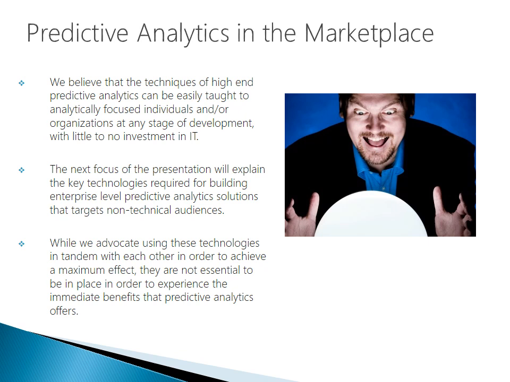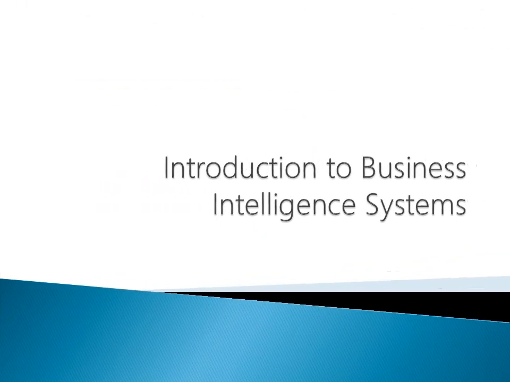But they're not necessarily essential to have in place in order to get some of the immediate benefits that predictive analytics offers. With that said, let's now shift focus and talk about an introduction to business intelligence systems.